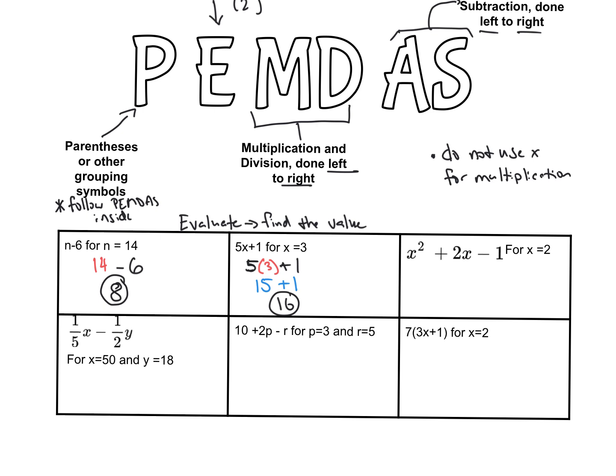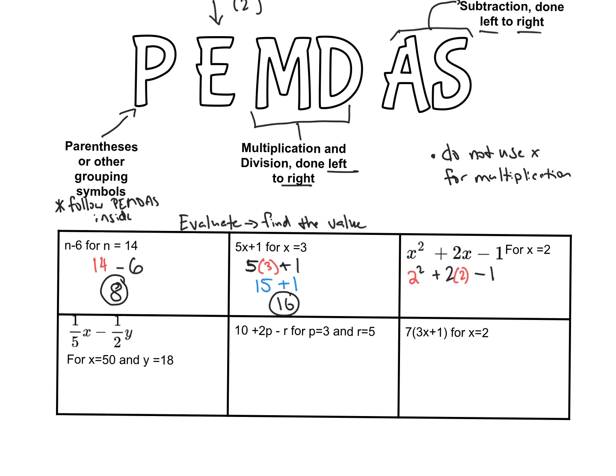All right, on our next expression, we have x squared plus 2x minus 1, and we're going to evaluate for when x is equal to 2. So I'm going to take those x's out and substitute in what x is equal to, in this case 2.